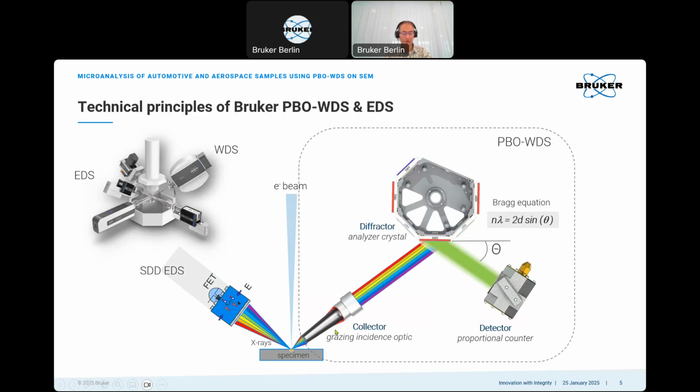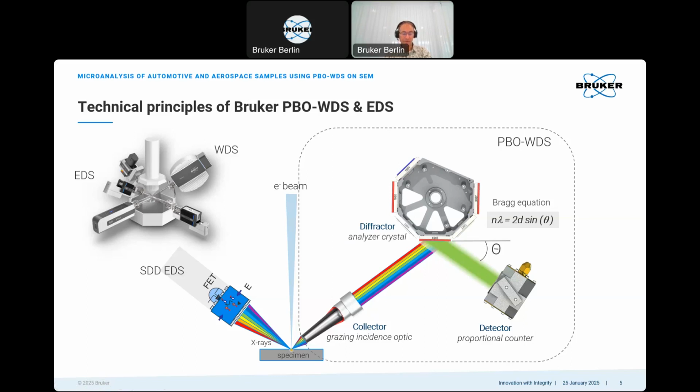A parallel beam optic transforms the X-rays diverging from the sample into a parallel beam that hits the diffracting crystals. Bragg diffraction takes place at one of the 5 or 6 analyzer crystals on the turret. The respective measurement energy is determined by the Bragg angle theta and the crystal lattice constant of the respective analyzer crystal.